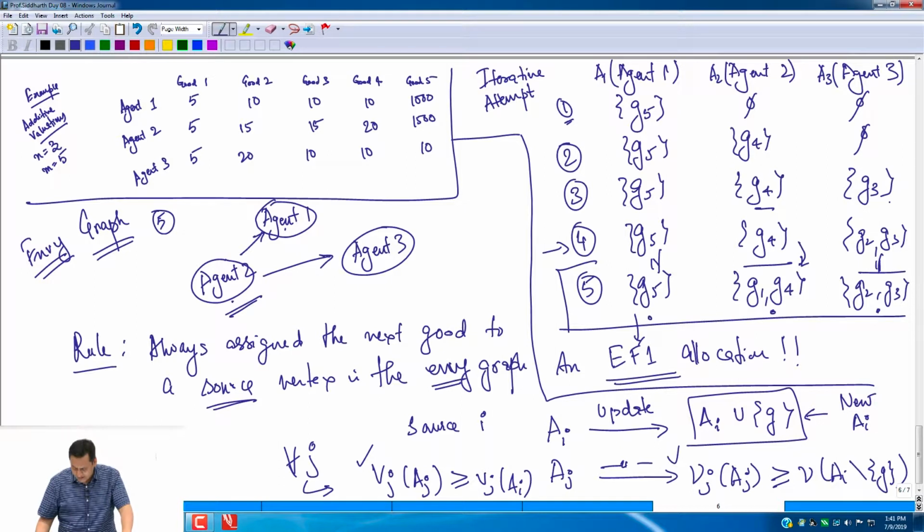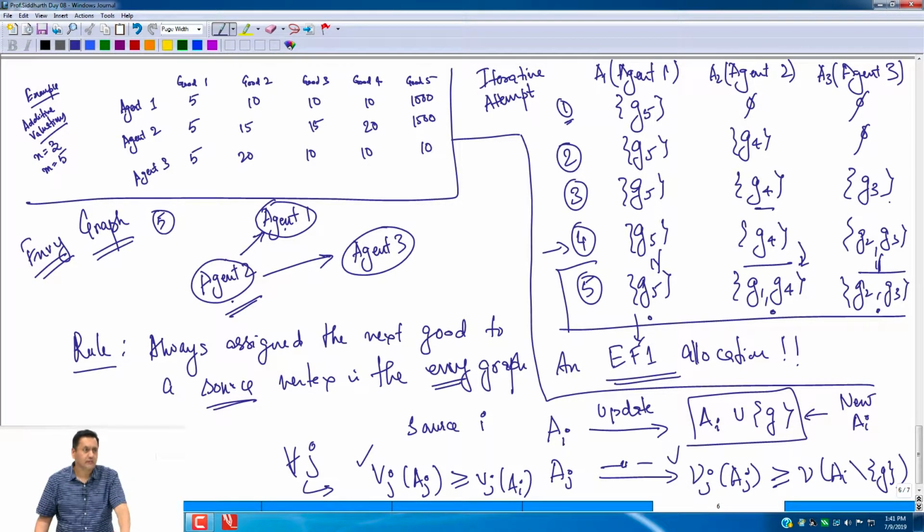As we ran through this example, we could always find an agent that was a source in the directed graph, and by the semantics of the construction, this source vertex corresponded to an agent that no one else envied.